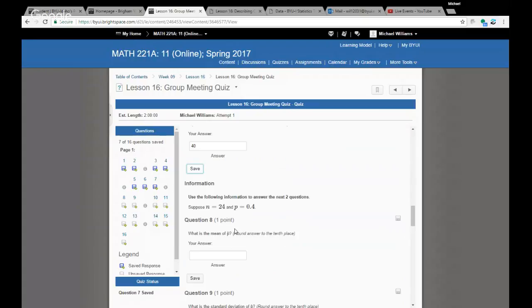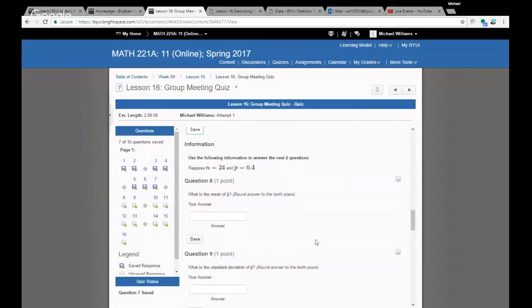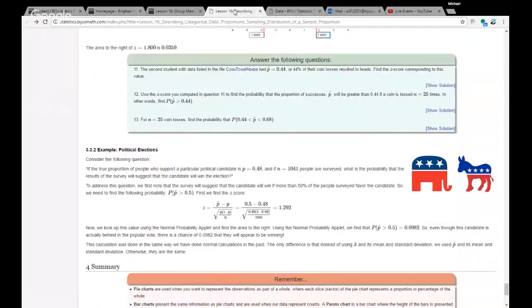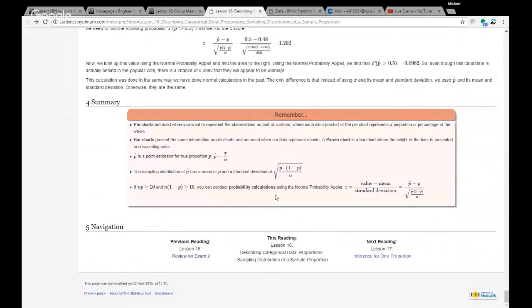Okay, so n is 24, p is 0.4. What's the mean? So this is where p hat equals... wait, is p without the hat equal to x divided by n? Yeah, that's what I think it is.